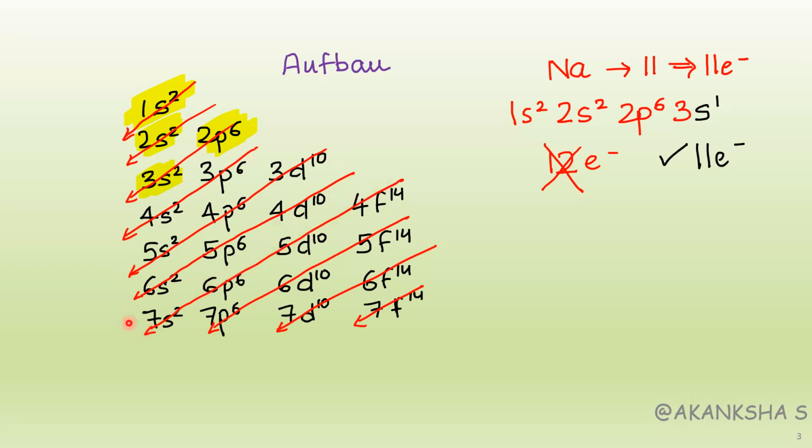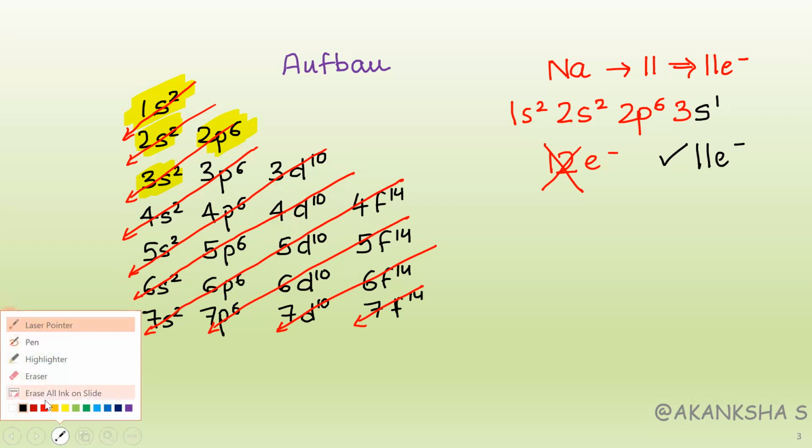So depending upon the energy, Aufbau tried to arrange a pattern in which electrons start filling in the orbitals. Even when we are writing configuration, we are bound to follow this pattern.